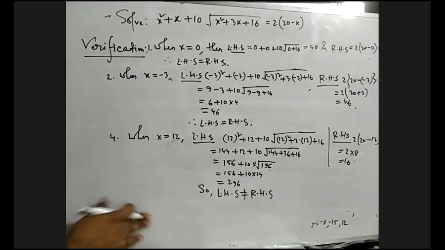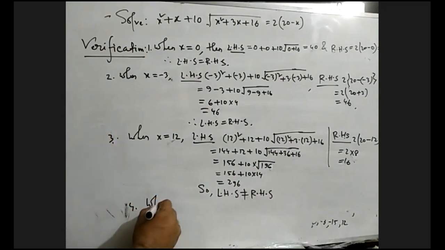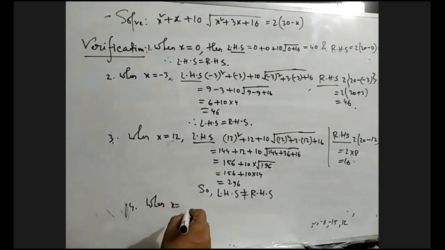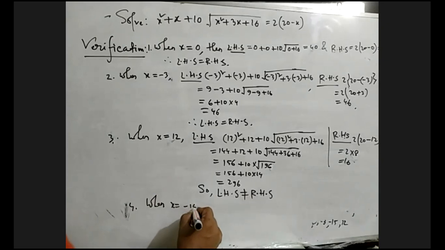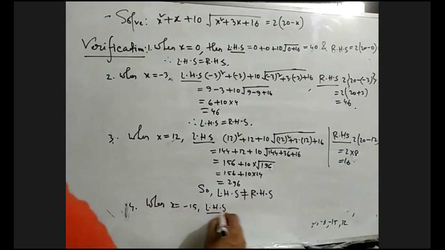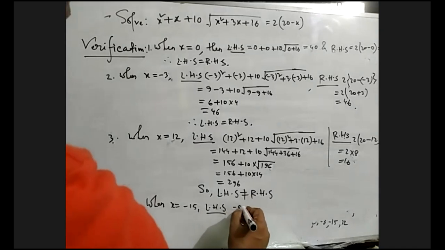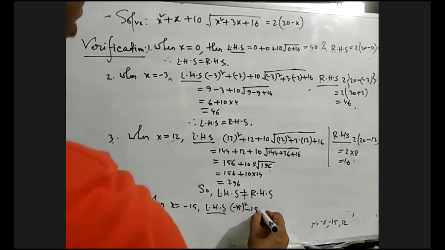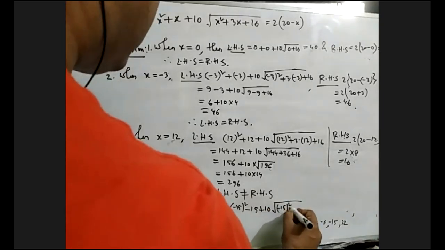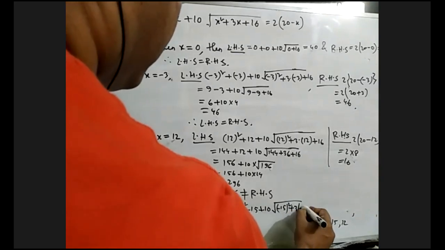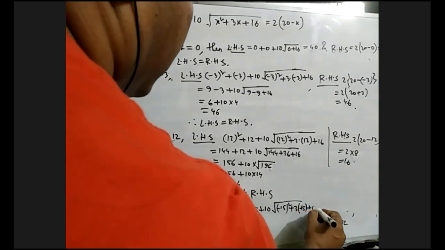Understand? So for the last one, this will be the fourth solution, when x equals minus 15, right? Then the left hand side will be minus 15 whole square minus 15 plus 10 root over minus 15 whole square plus 3 into minus 15 plus 16.